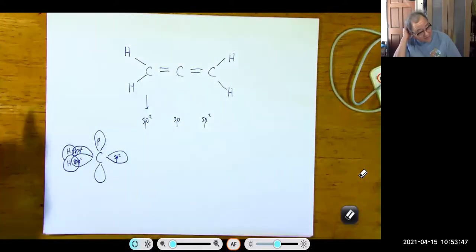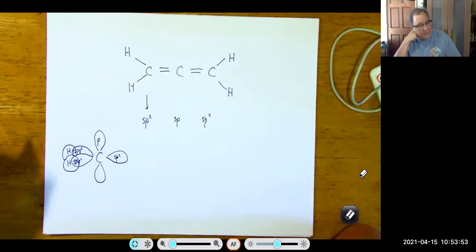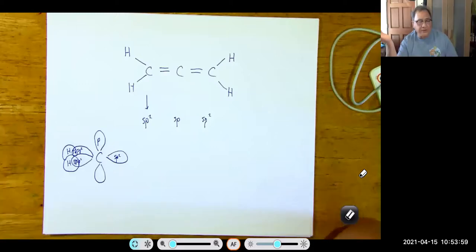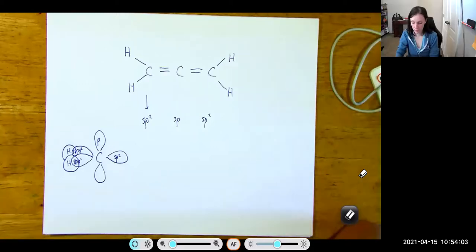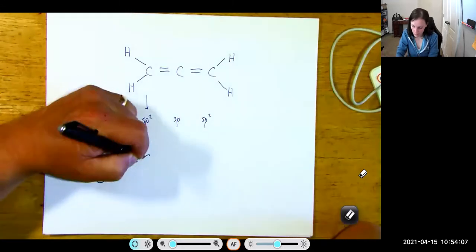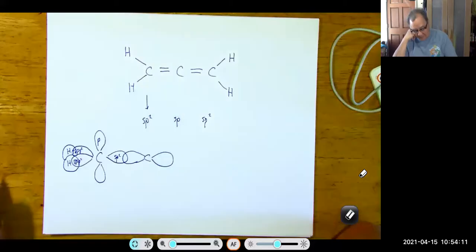How would you draw that? I don't know. How many orbitals are there? How many hybrids? 2. Okay, so what's the best way to draw two orbitals as far apart from one another as possible? Linear. So like that? Yeah.